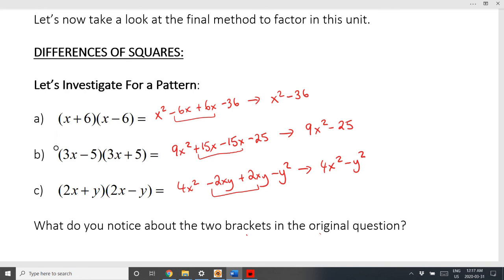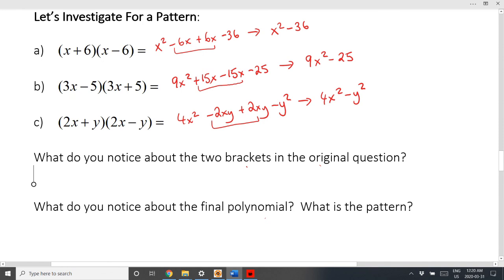So we do see a type of pattern emerging here. So let's describe that pattern. What do you notice about the two brackets in the original question? They have the same variables. If we look at that, we have x and x. So each bracket has the same variables. It has the same coefficients.